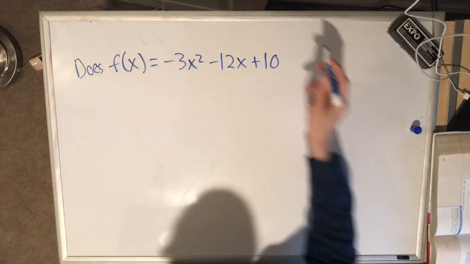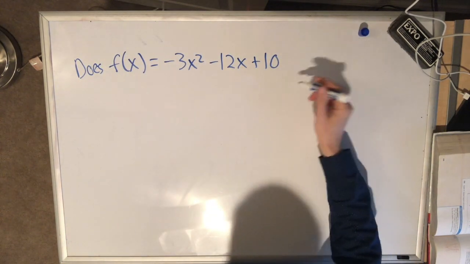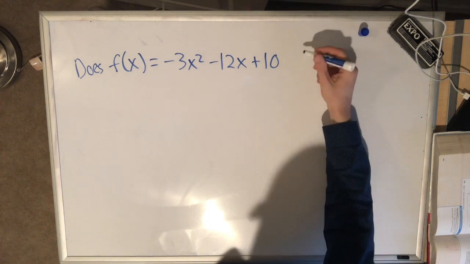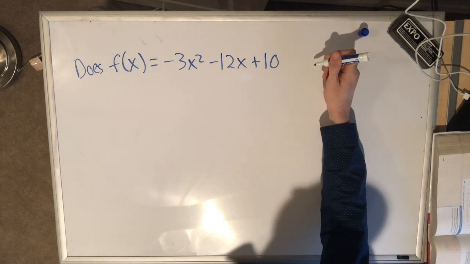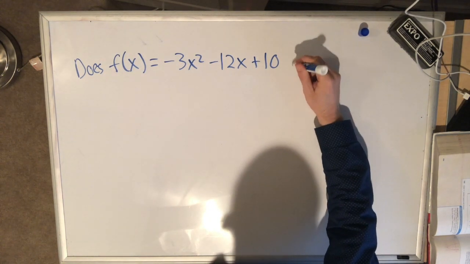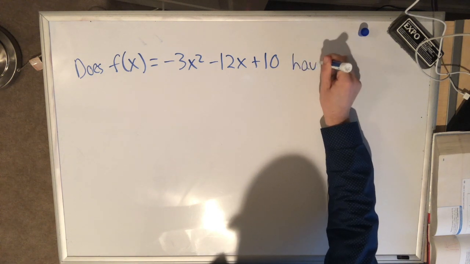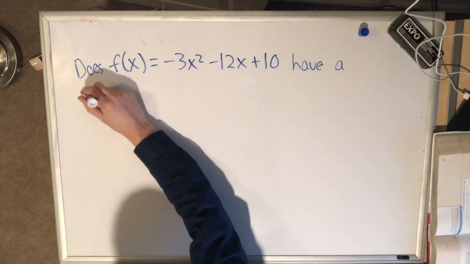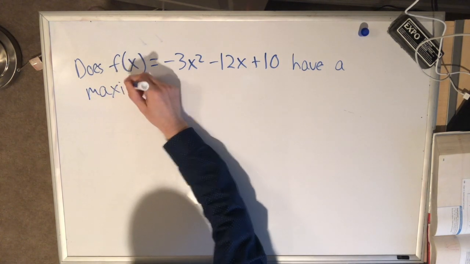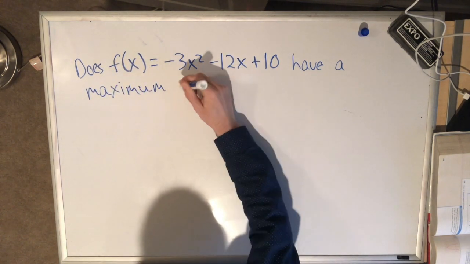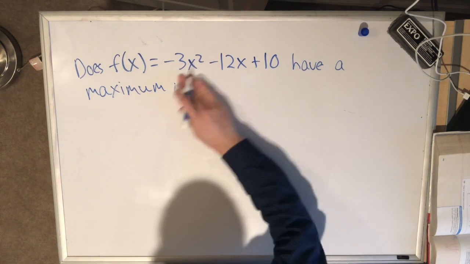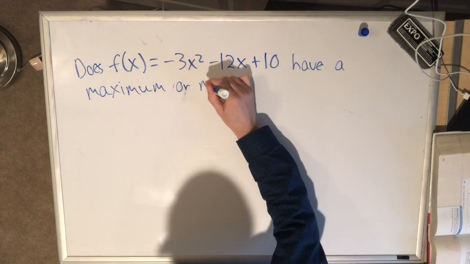So I've already discussed this, but let's get some more practice with this. So does it have a maximum or a minimum value? And what is it?